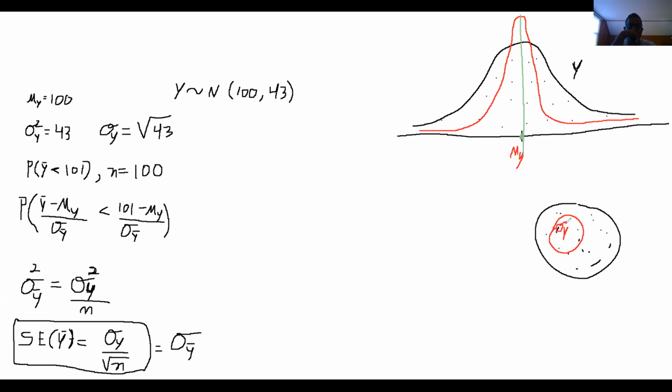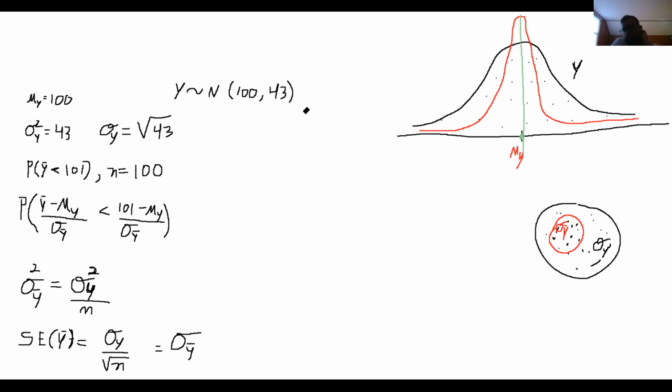This is the standard deviation of the sample, and this is the standard deviation of the observation. Because this is a sample, I put y bar, because it has many different observations within it. That's why we call it y bar, because it's not only taking one sample, it's taking many. If it's taking only one, then it's only y. So there is a relationship between these two, and that relationship is this.